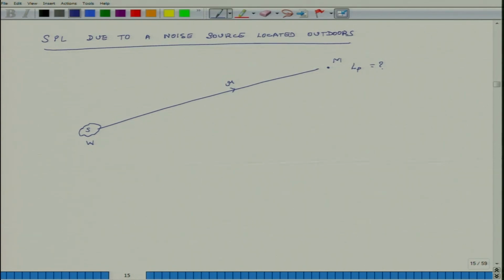So, we know W, and because it is not an omnidirectional source, we also know its directivity, which is a function of frequency.